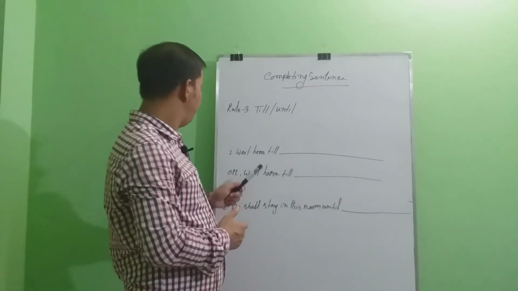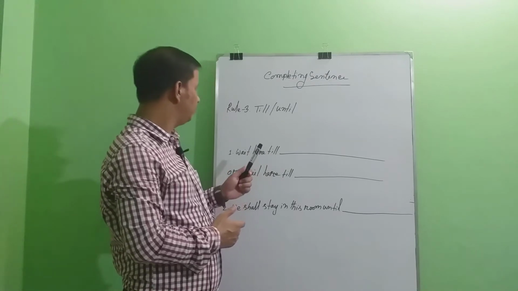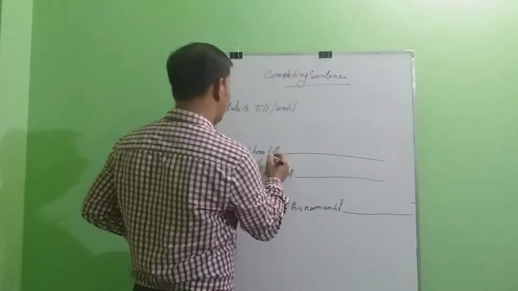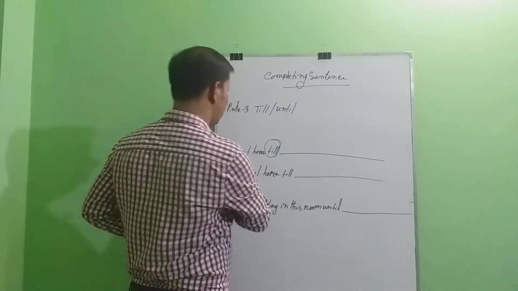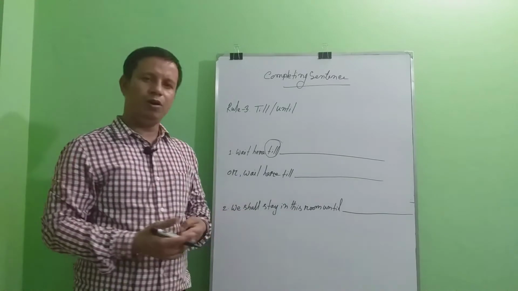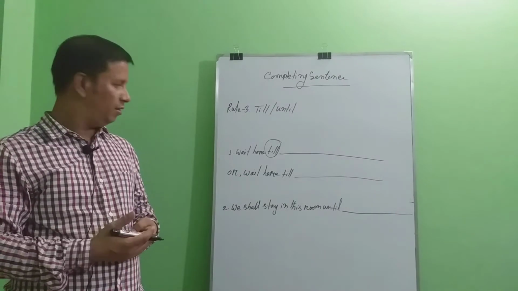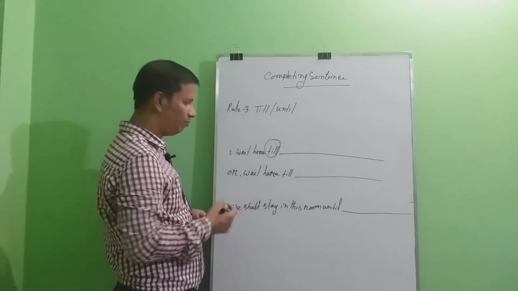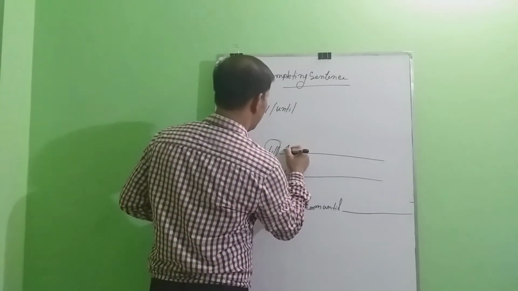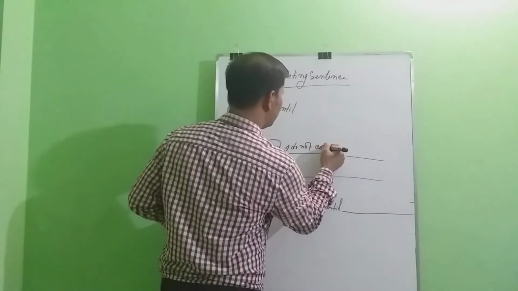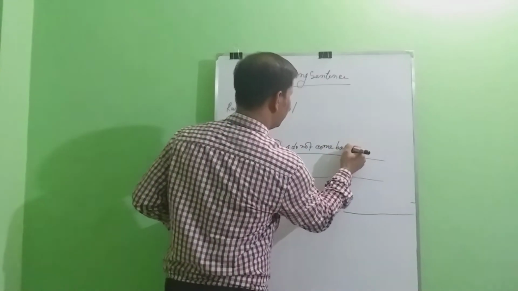Now I am explaining the rule. The next phrase of till either may be an affirmative or negative sentence. So let me write the answer. Wait here till I do not come back.